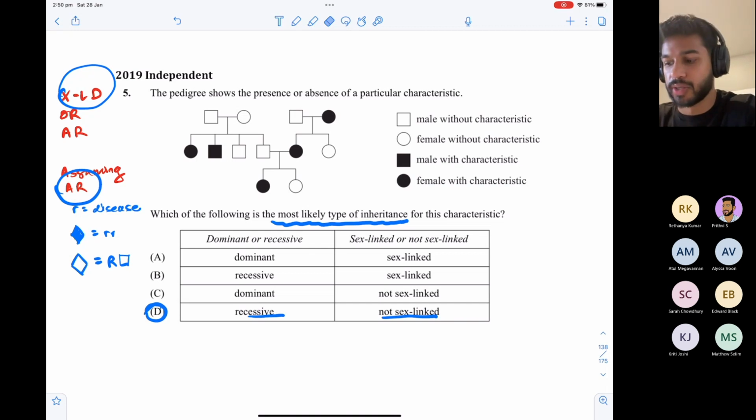Who's still working on it? Can you hit the raise hand icon if you're close to an answer? All right. Give you a bit more time. Anyone unsure how to approach it? That's also completely fine.